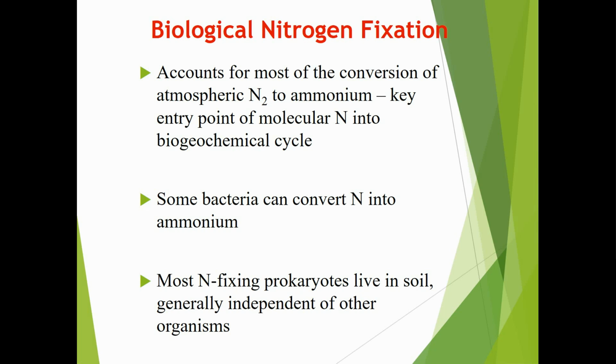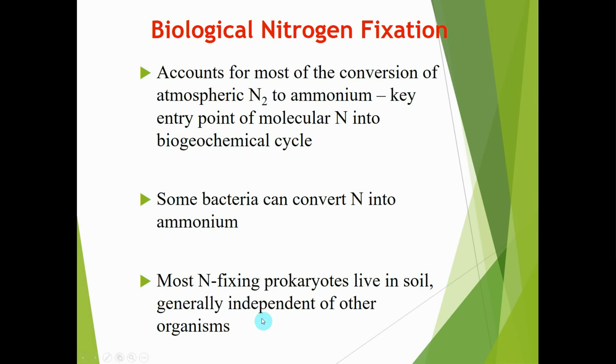However, we do have bacteria. Now, please note, not just bacteria. It can be any microorganism. It can be fungi, mycorrhiza, rhizobia, anything. Bacteria and fungi that can convert atmospheric nitrogen into usable forms, nitrates, nitrites, but specifically ammonium.